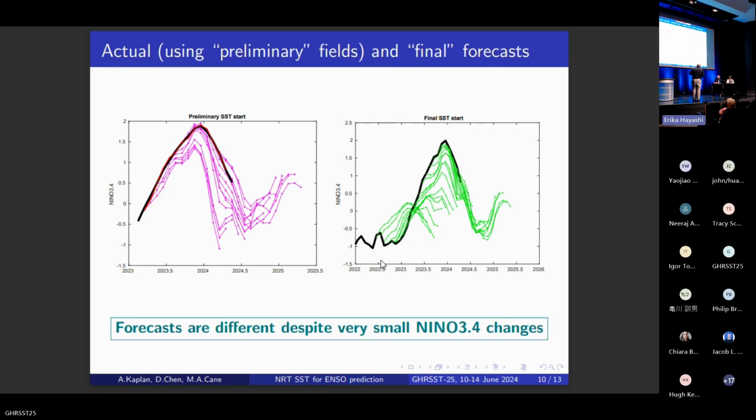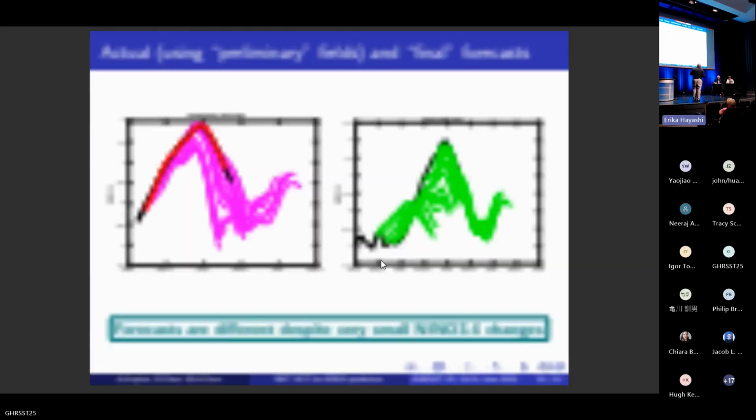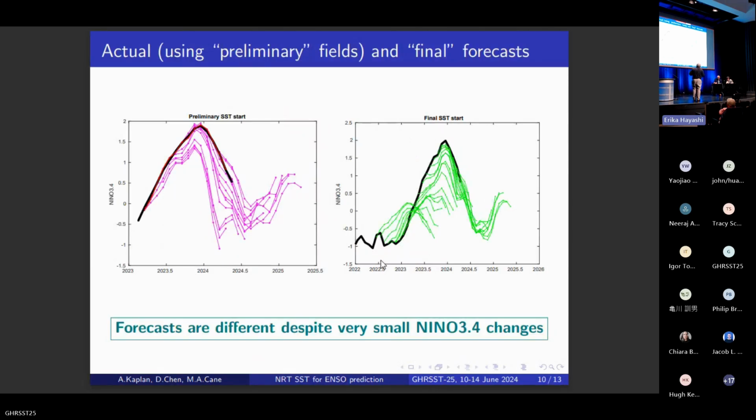But these are preliminary forecasts starting from the preliminary state, and this on the right, in green, is starting from totally final fields. What if we had totally final fields? And if one looks attentively, you can see that the forecasts in green are actually much better. See that thin line of agreeing forecasts at different lags going right where observations were.